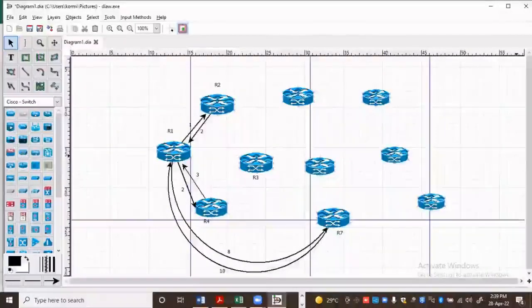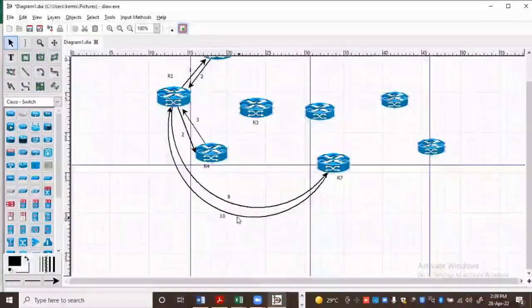How did I get a 10? It's just a metric. That's just made up. I just made up numbers to illustrate the cost in terms of moving packets from one device to another.